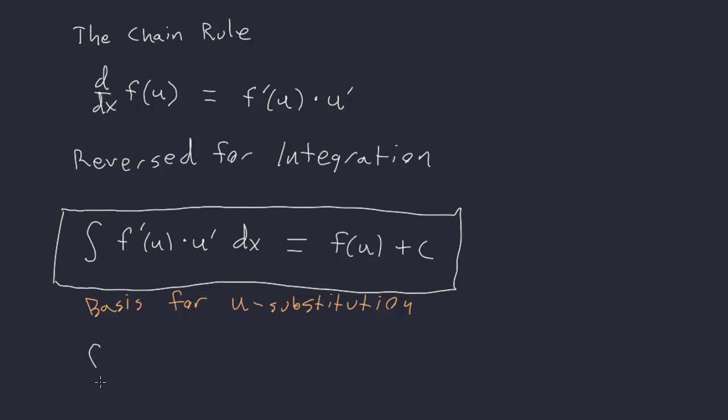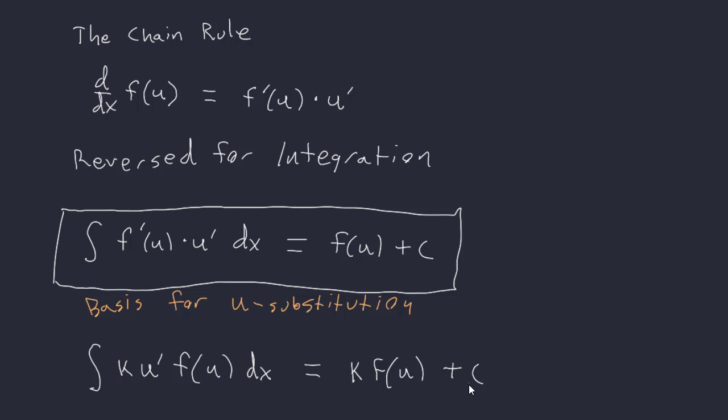We could also think of this as, say, we have the integral of some constant k times u prime times some function of u dx. Well, that, okay, we can also say that that's going to be k times capital F of u plus c.